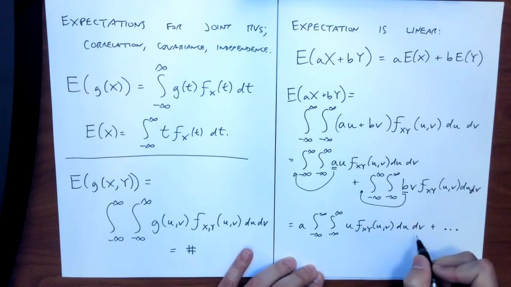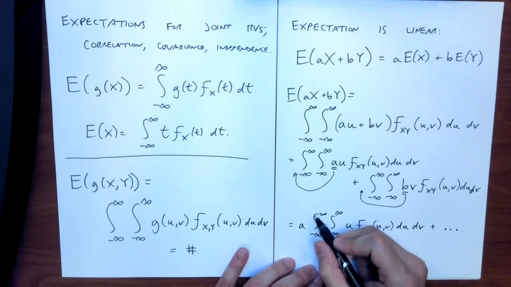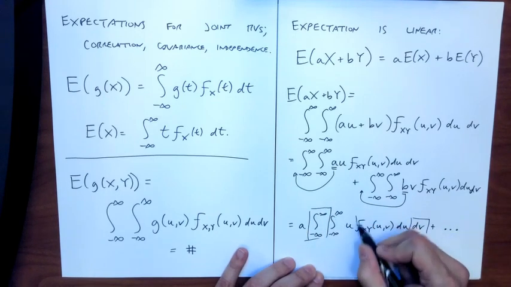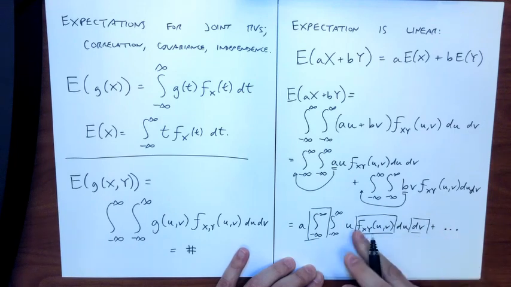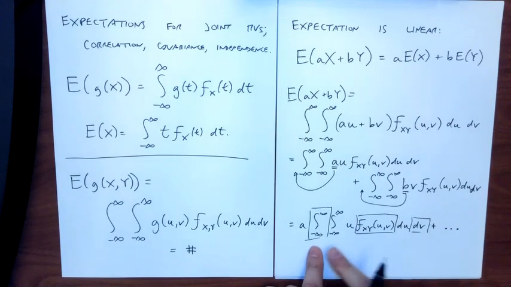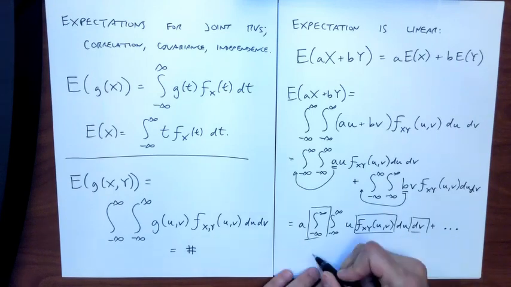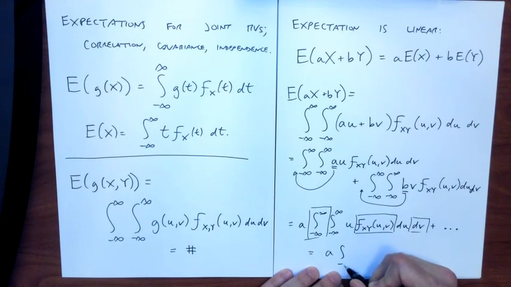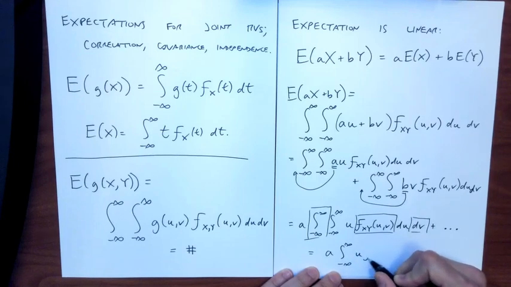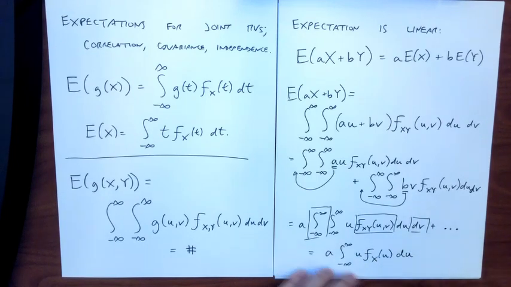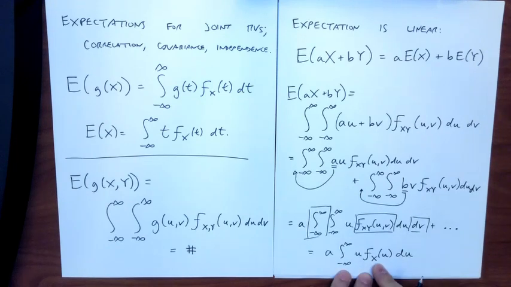So this is like saying, okay, well, if I'm integrating like this outer part, right, forget about the u, if I move the u out, this is kind of saying if I integrate the PDF dv, what I get is just the marginal, right? I just get what we called the marginal in x of the PDF of u, right, or of x. This is like saying, I don't care what v is, integrate that out from minus infinity to infinity.